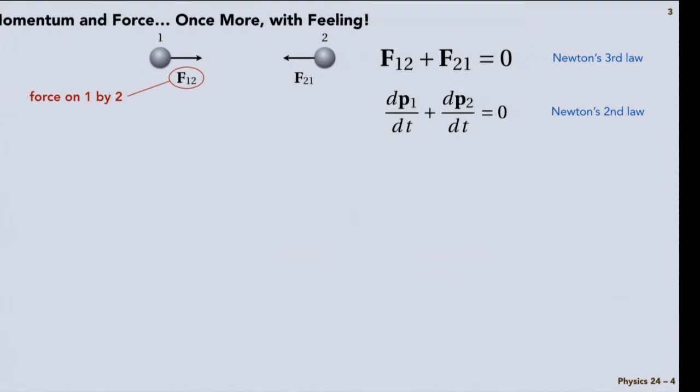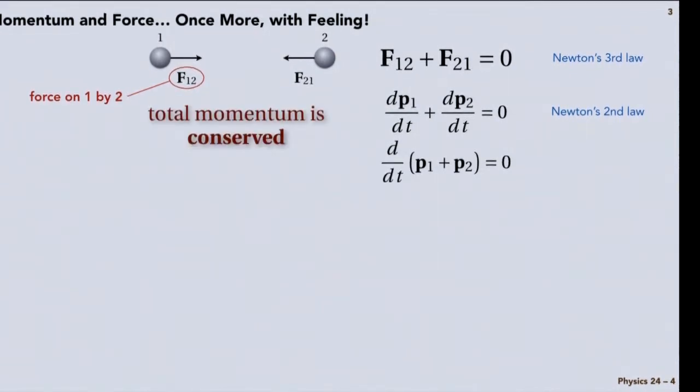And similarly for 2, the net force on 2 causes its change in momentum. And so if I add those together, I get 0. And so this is just a statement that the momentum is conserved.